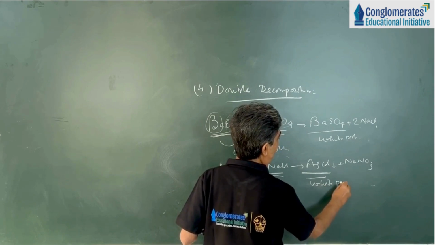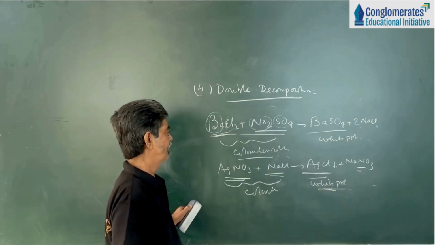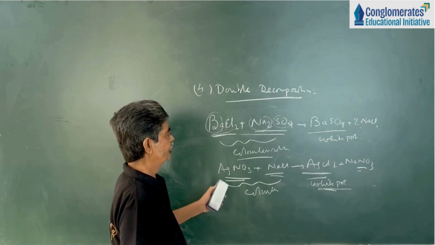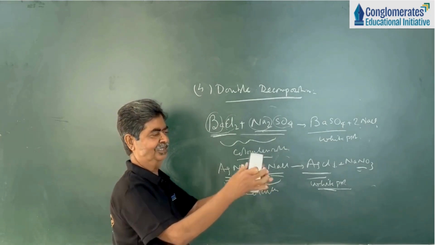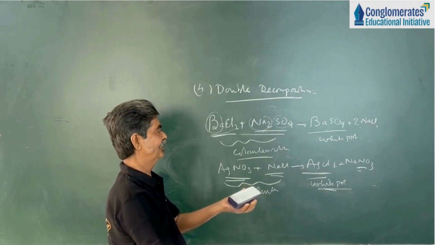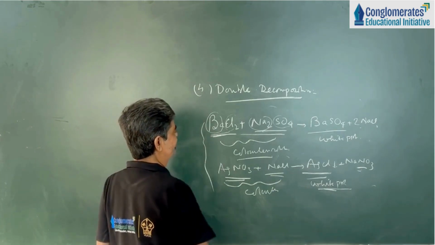NaNO3, the aqueous solution, does not take part in the observation. Both colorless solutions, when they mix together, give the white or milky white precipitate of silver chloride. Now these are called precipitation reactions.